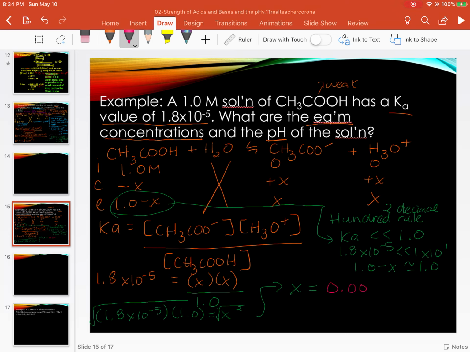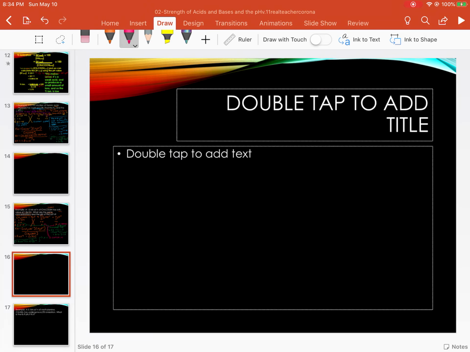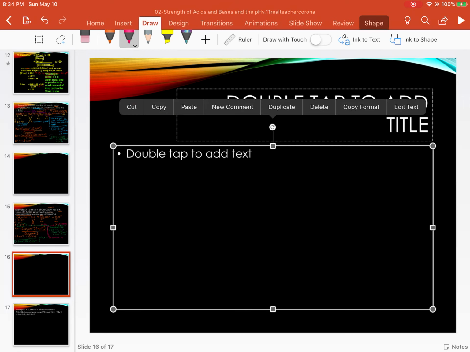So the square root is the x value here and the x value there, which means that when we find the pH, which I'm going to do on the other side here.